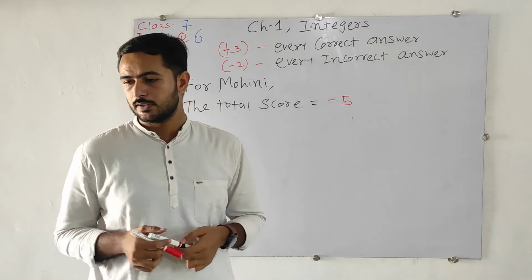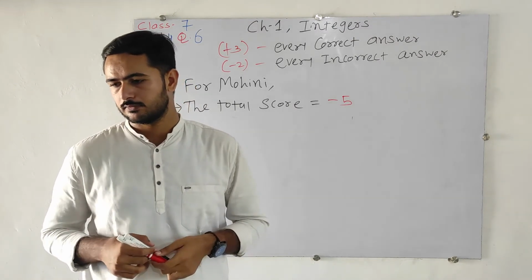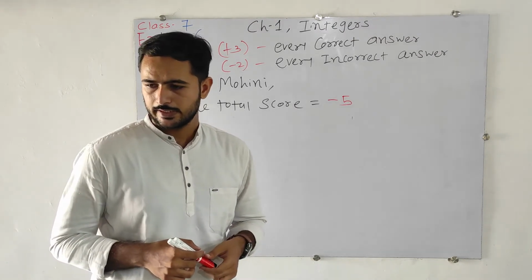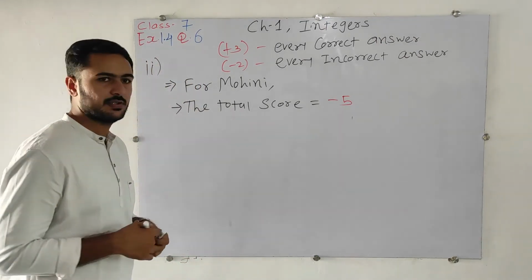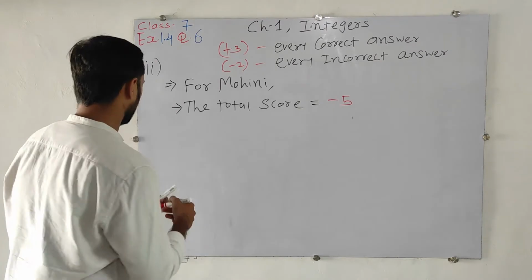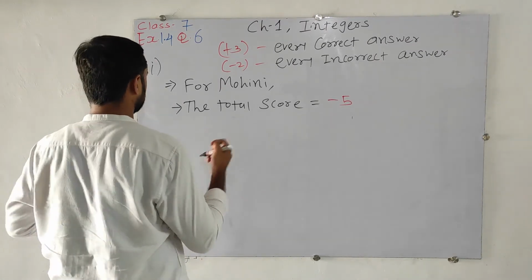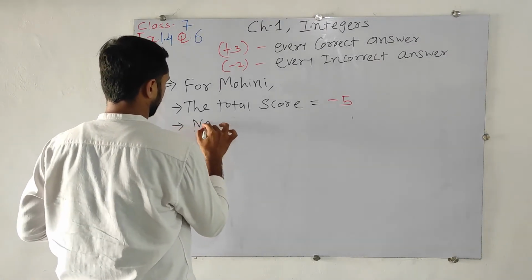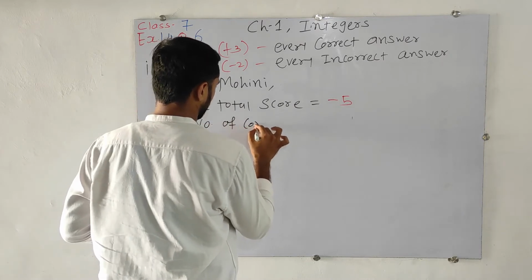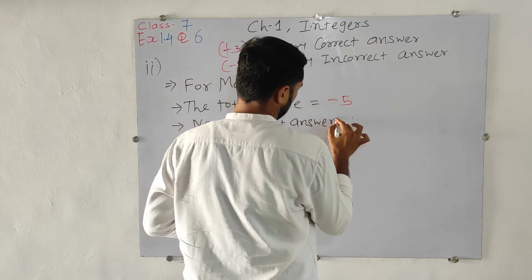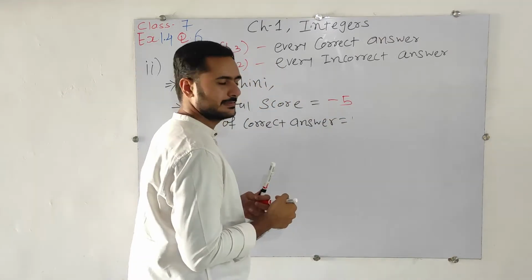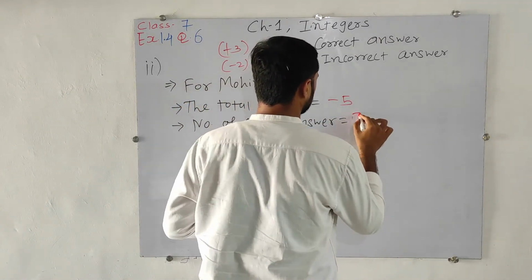Now, in the further information, that is 7 correct answers. So we will write the number of correct answers is equal to 7. Okay, so just put the 7 over there.